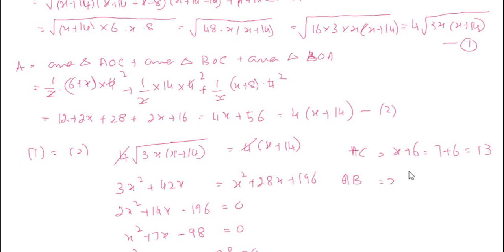AB equal to x plus 8 equal to 7 plus 8, that is equal to 15. BC we know, that is 14. These are the three sides of the given triangle.